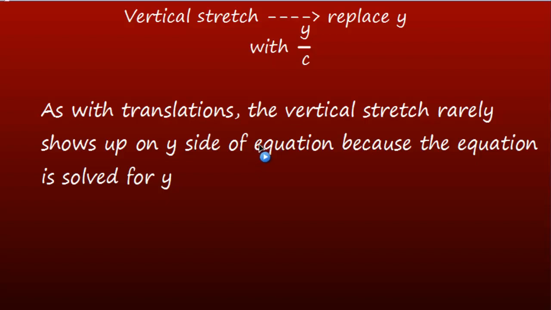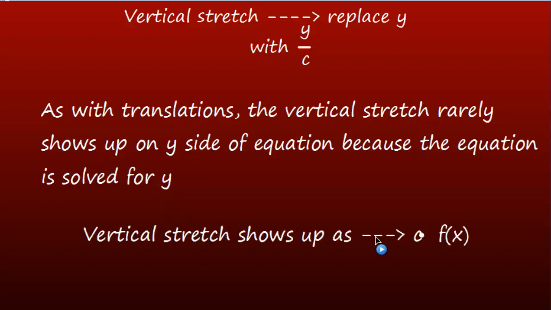And much like that vertical translation, a vertical stretch is going to be the same thing. We're going to end up replacing y over c on the left, but if we resolve this equation for y, we're going to end up multiplying both sides by c.